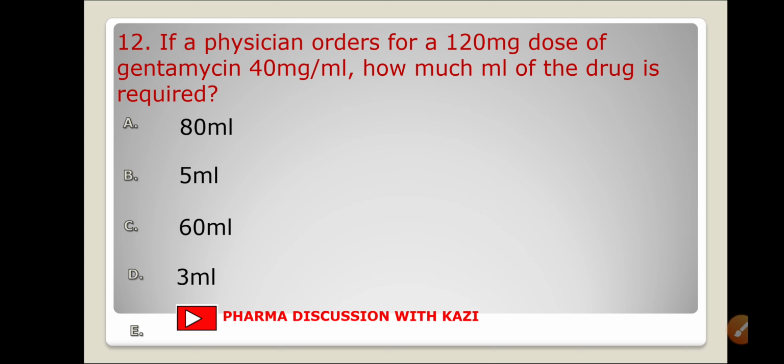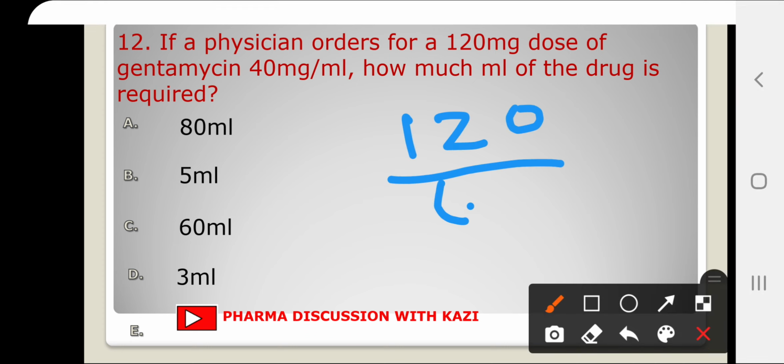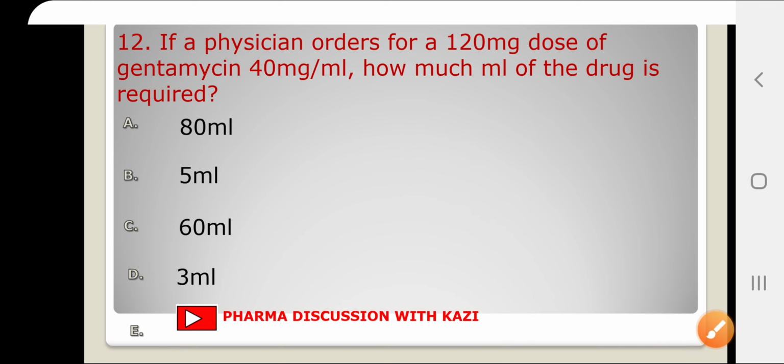So, for getting 120 mg, the number of ml required equals 120 divided by 40 equals 3. So, the correct answer will be 3 ml, that is option D.